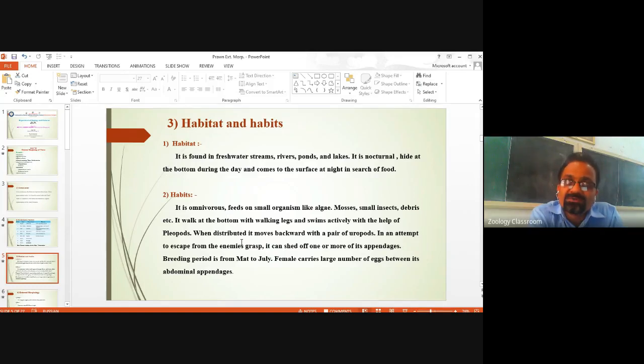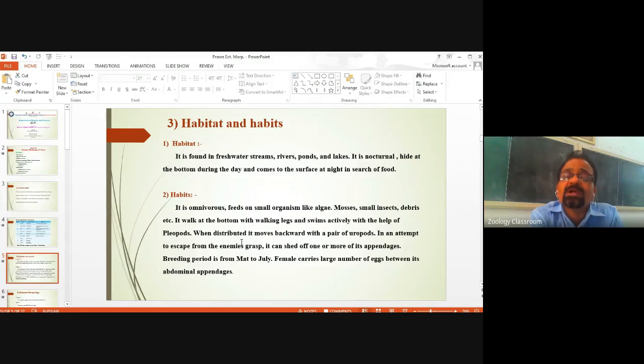If you try to catch a wall lizard, you will find that the tail is often shed off, isn't it? And the tail keeps wriggling. It gives up the tail and breaks it off so that the enemy's attention goes to the tail and is distracted, and it can escape from the grasp of the enemy.